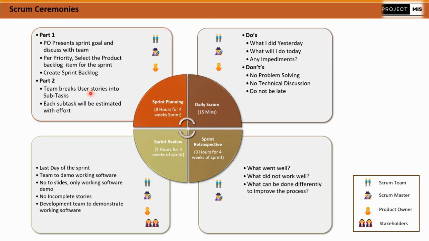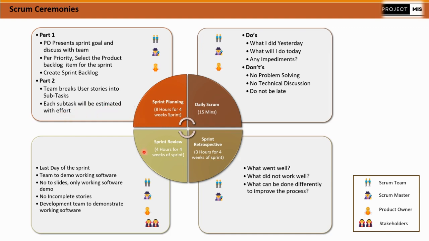The second subtask will be assigned to another developer who will design the screen. And the third subtask will be assigned to a third person who will deliver the code to take the input in the designed UX and save it into the database. That part will be done in the second part, and each subtask will be estimated with effort.